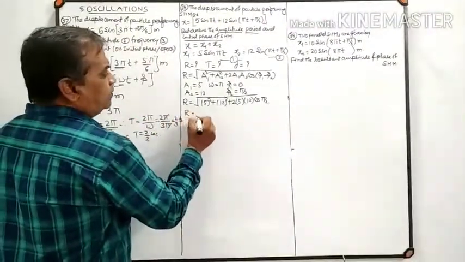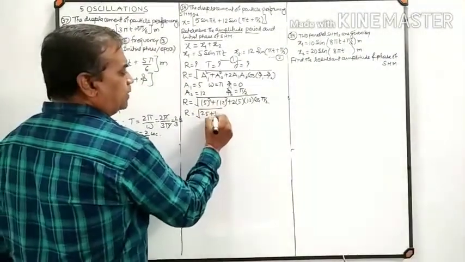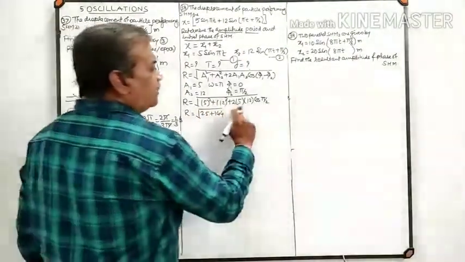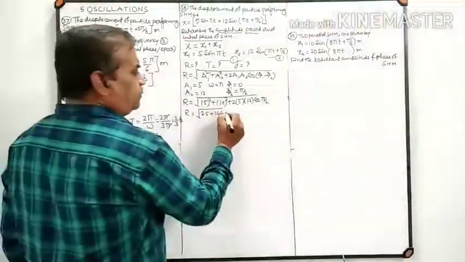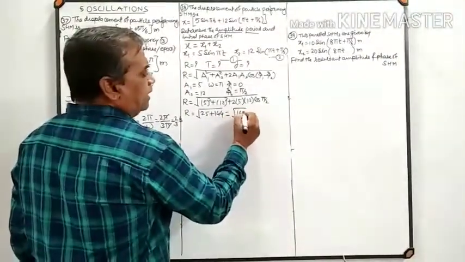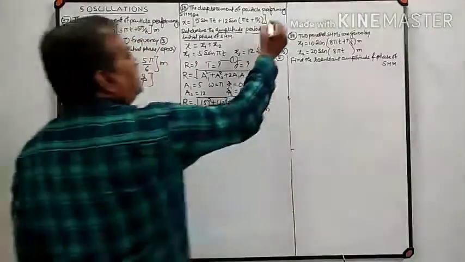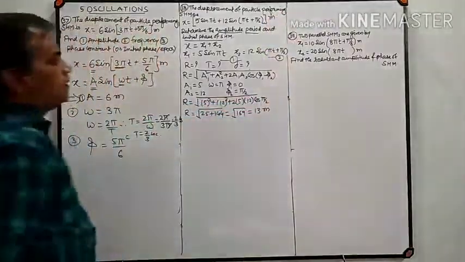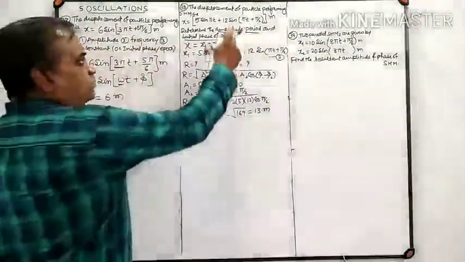Therefore R is equal to under root of 25 plus 144 plus this entire term, which is 0. So 25 plus 144 is 169 and the square root of 169 is 13. So this is 13 meter. Now the amplitude has been calculated.